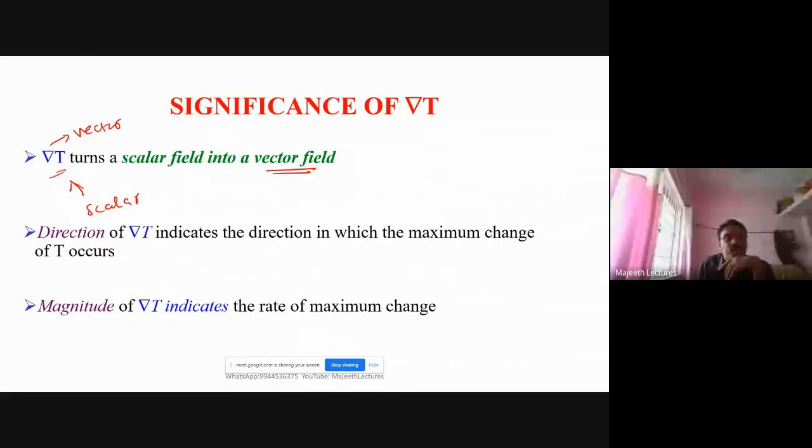So a vector has both magnitude and direction. So the direction of del T indicates the direction in which maximum change occurs. I told already, right? What is the magnitude of that maximum? That is given by the magnitude of del T, the magnitude of the gradient. So that's all about gradient. These 3 points only you remember. It is enough to solve any problem related to gradient.